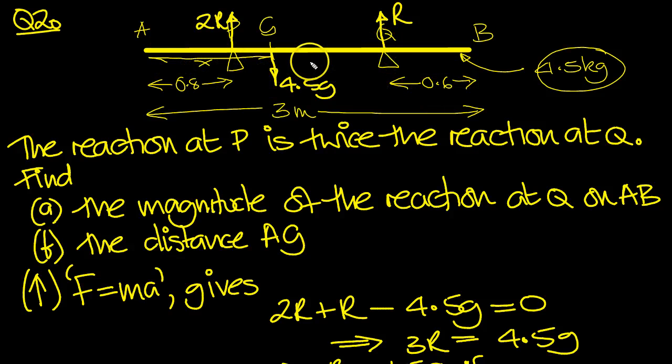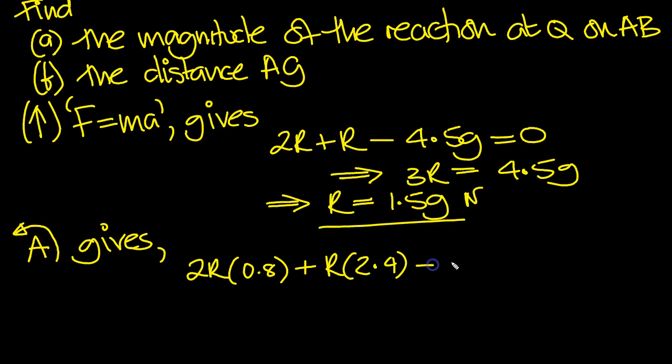So the moment will be R times 2.4. Minus, because it's in the other direction, 4.5 G times the distance X equals 0, because it's in equilibrium.